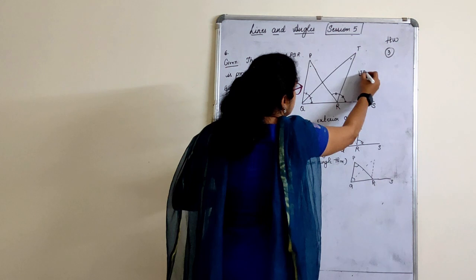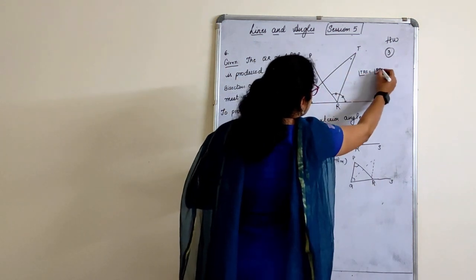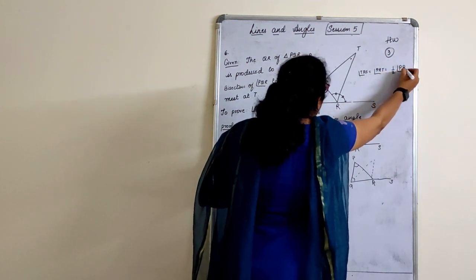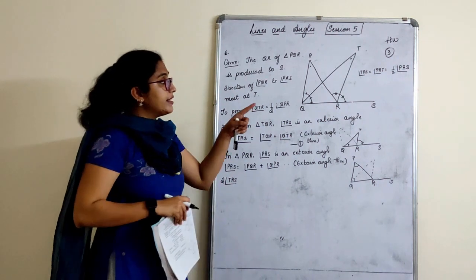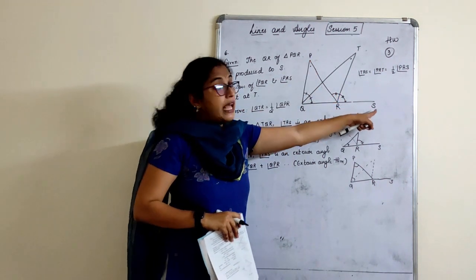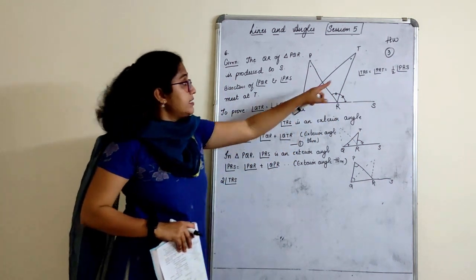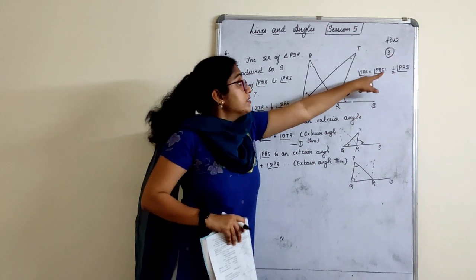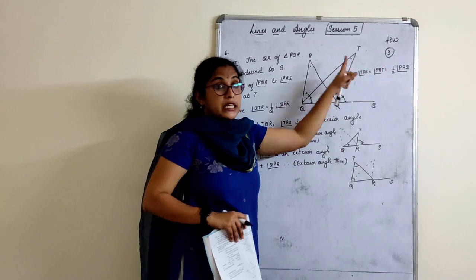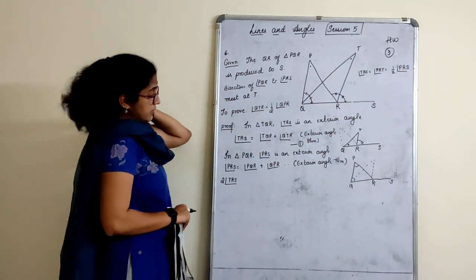So angle TRS is equal to angle PRT is equal to half of angle PRS. This part angle plus this part angle is equal to this whole angle PRS. Suppose this is 60 degrees, this is 30, this is 30. So I can write 2 times 30, 60. That is what I have written here. 2 times PRS.